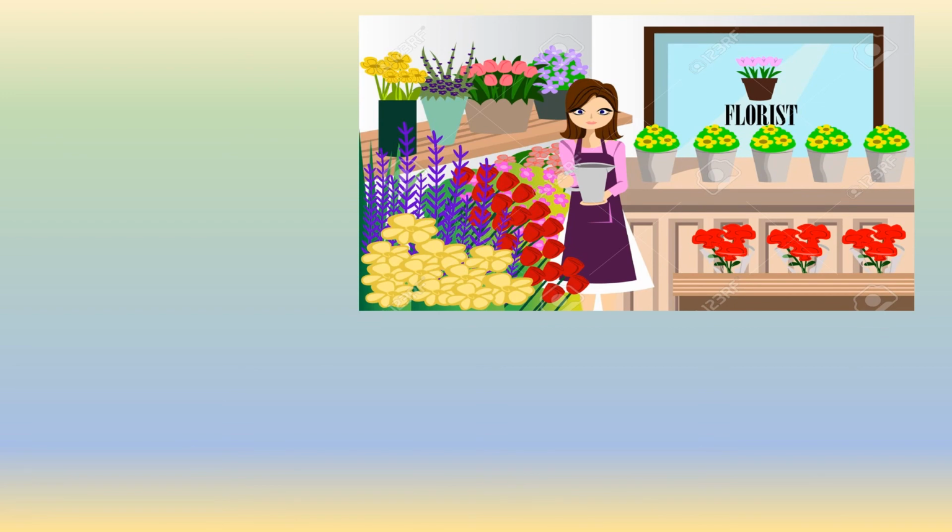Here is a florist. This is her beautiful shop with beautiful flowers. She decides to make bouquets. Here are the bouquets which she has made. Each has 10 roses and we can see 5 bouquets. So if we add the number of roses in each bouquet, we find that there are 50 roses.